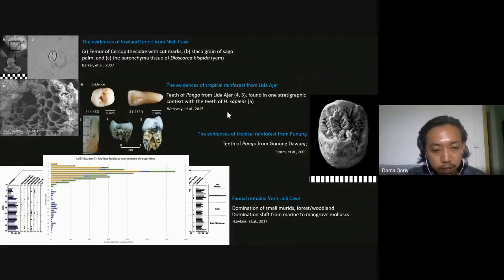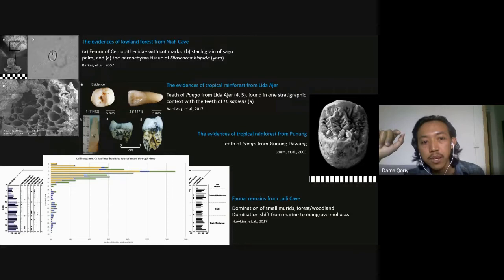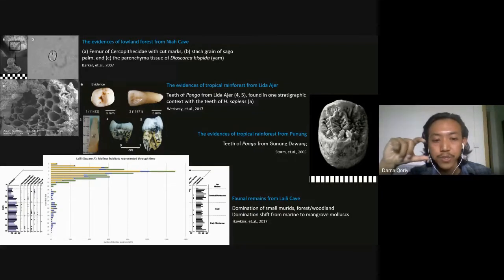In this graph, we can also see the change from marine shell, in blue, in the lower part of the sediment, to domination by mangrove shellfish, in yellow, in the upper part of the sediment. So apart from showing human adaptation, the change of species may also represent the environmental conditions around the site.